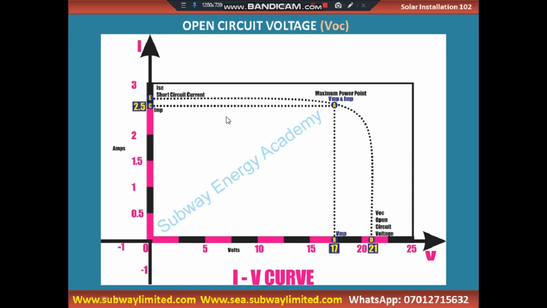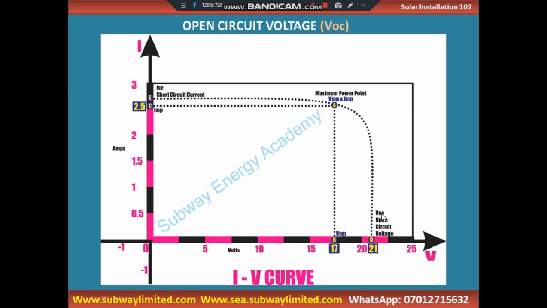And you should always know that, because this solar panel is under a load, the voltage at maximum power is always less than the open circuit voltage.